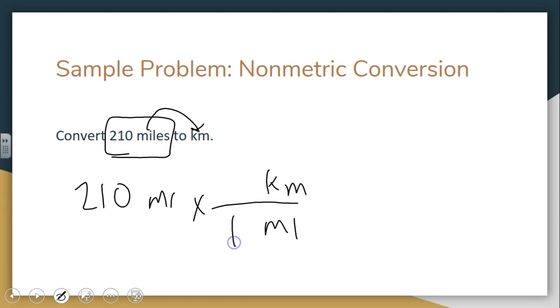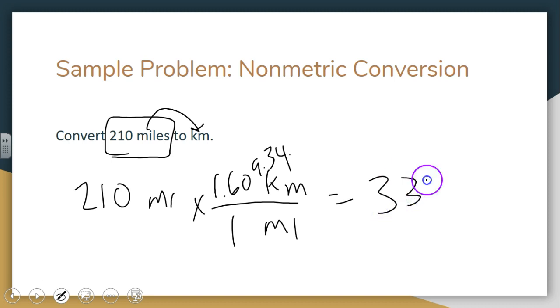So we get 1 mile is 1.60934. You may want to leave a little space there. And so then you plug it into your calculator, and when we do that, we get 337.9614. And look, miles cancel.